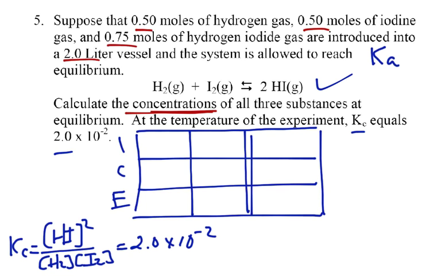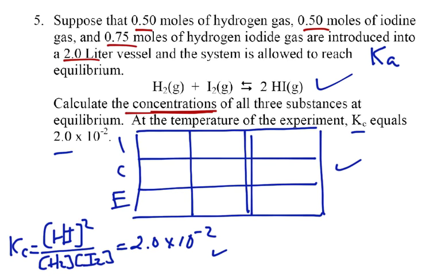So that's the useful information: the equation, the ice box, and the equilibrium expression. Write those three things down. If you are nervous, just writing those things down will give you something to do for a few moments and give you a chance to calm down and get ready to do the problem.